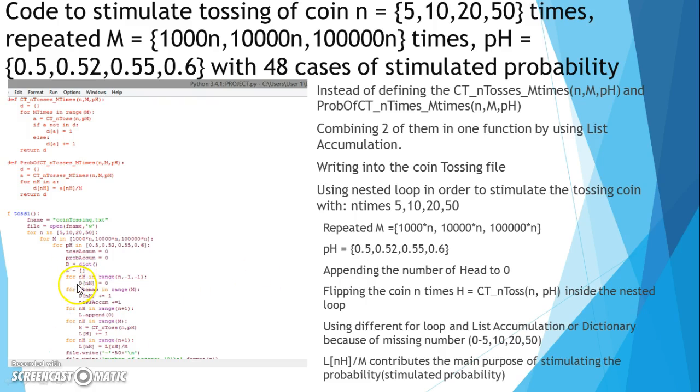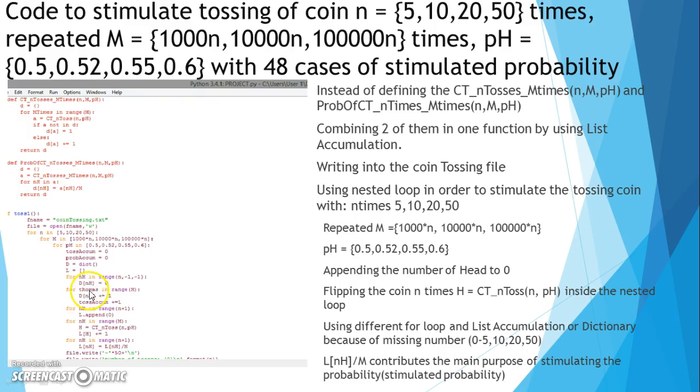So you can see, toss ACOM I set to 0, probability of ACOM I set to 0. So I create the dictionary for nh in range n minus 1, D and H to 0.